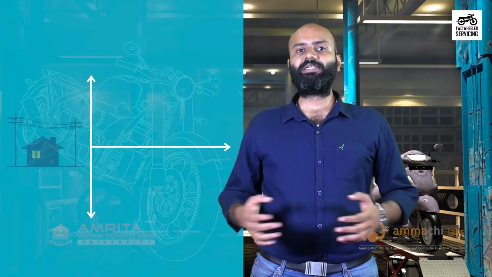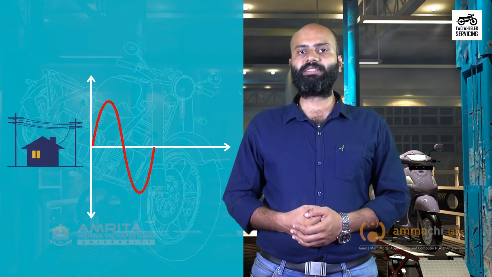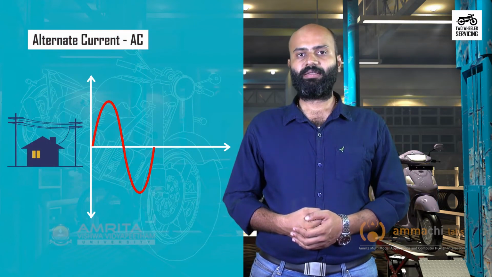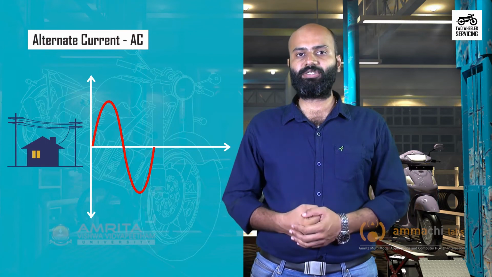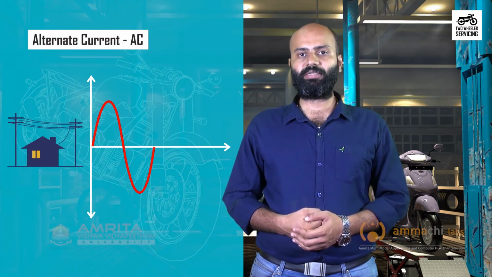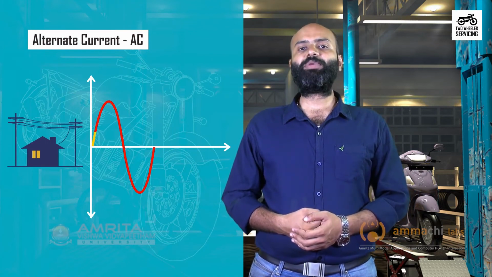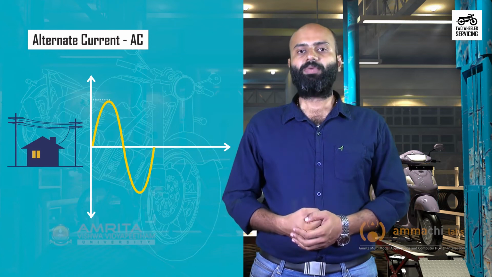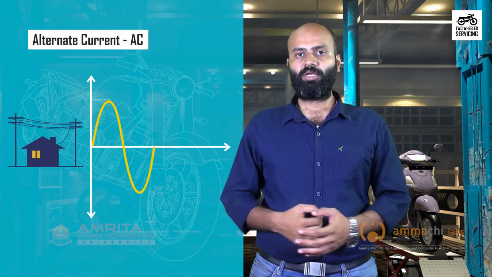The current which changes its direction and magnitude, like the sea waves, is called alternating current or AC. AC changes the direction and magnitude continuously. It reaches the peak voltage and drops to zero and again changes the magnitude and direction. We cannot store alternating current like direct current. In our homes, the outlets provide AC.